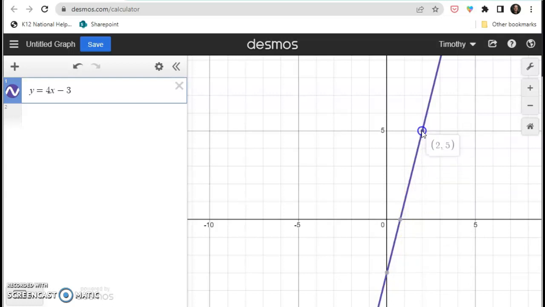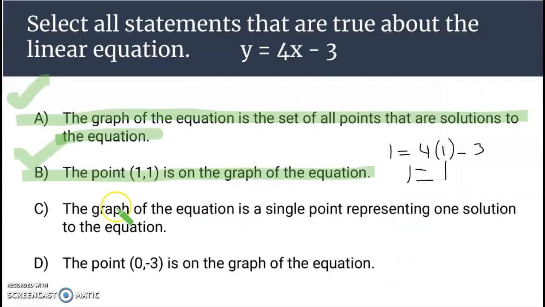Yeah, there's also several that are whole numbers like 2, 5, 1, 1, like we pointed out earlier. There's 1, 1. And looks like down here 0, -3, there's the y-intercept. Yeah, Desmos allows you to see that. So this doesn't sound right. It's not a single point, it's a whole bunch of points.